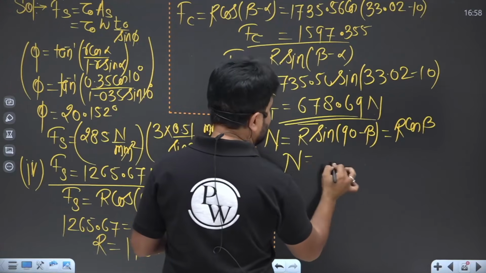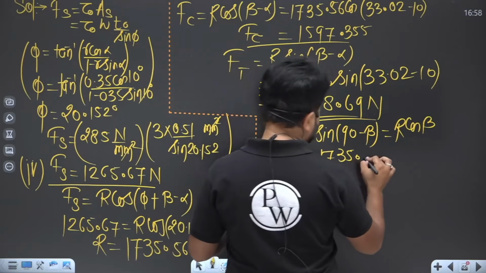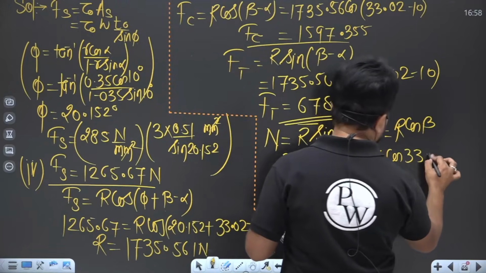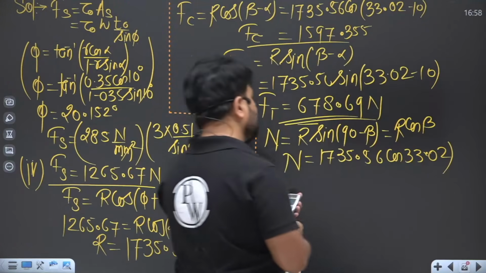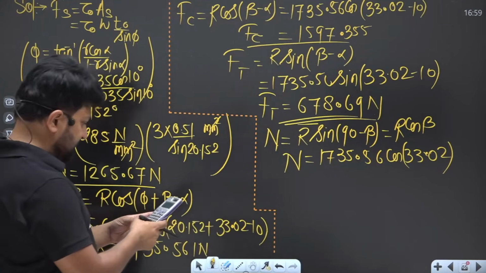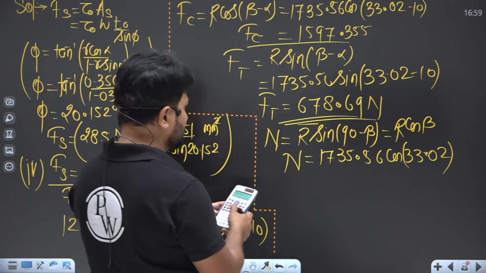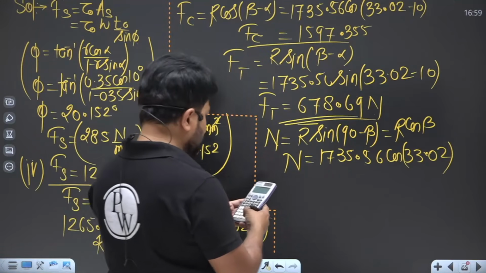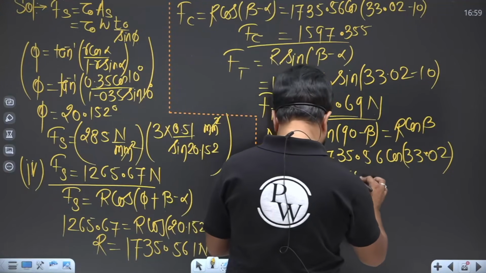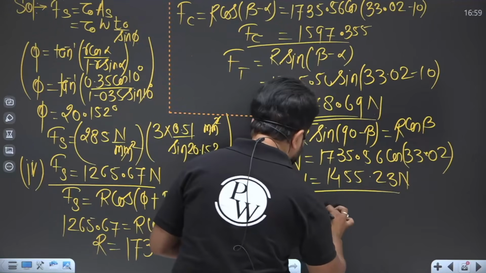So normal is R, that is 1735.56 cos of beta, that is 33.02, right? So just see what is the value. 1735.56 into cos 33.02. Normal comes 1455.23 Newton.